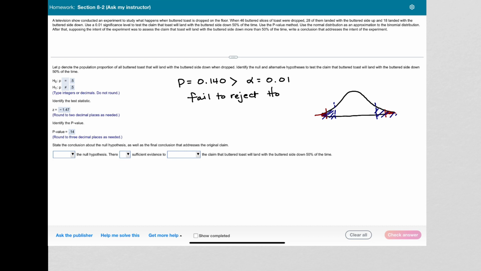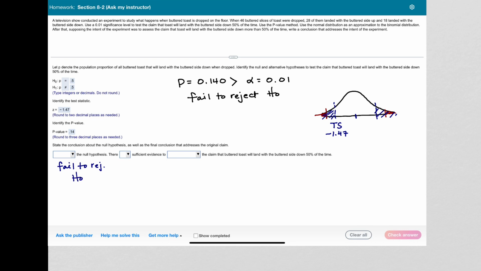And what that means is that our test statistic, that was negative 1.47, is falling very close to the center, or at least close enough to the center that we do not want to reject the null hypothesis. So when that test statistic is falling close to the center, we want to not reject the null hypothesis. If the test statistic falls into the rejection region, that's when we reject the null hypothesis. So we're going to fail to reject the null hypothesis.